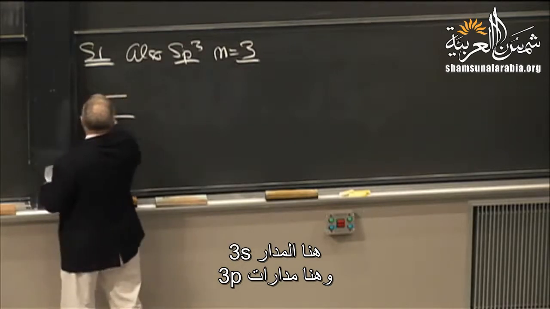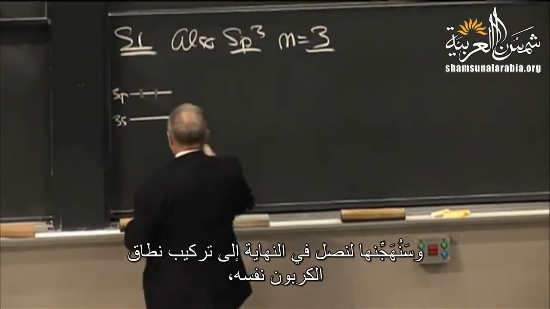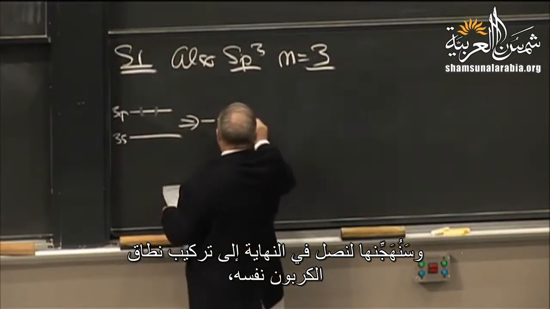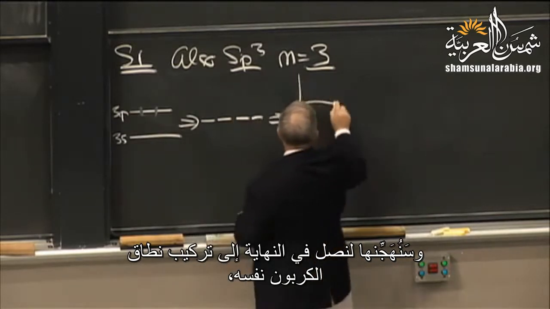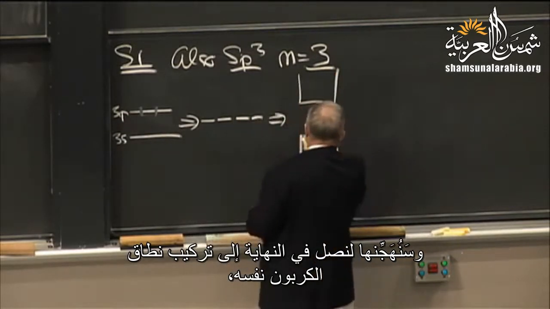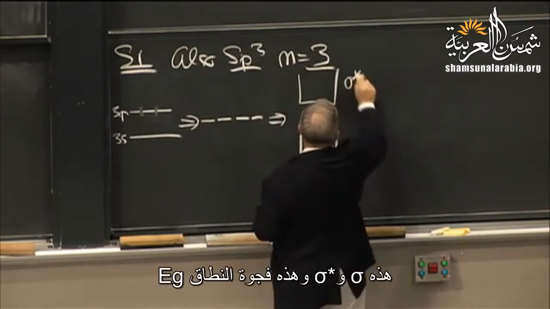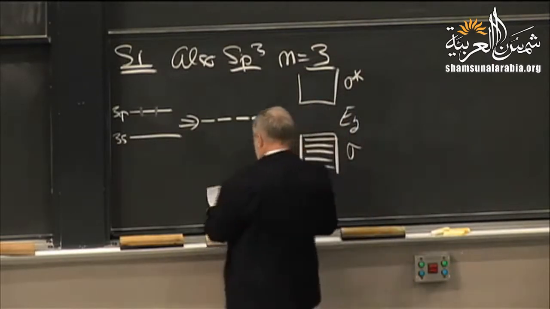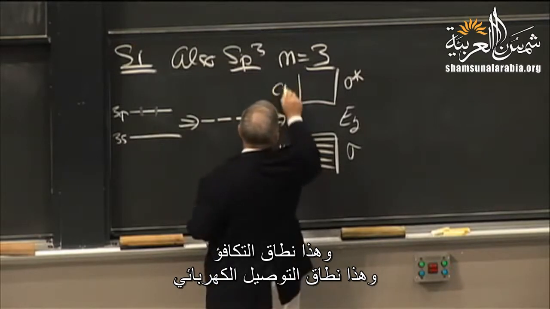Here's the 3s, here's the 3p, and we hybridize, and we end up with a band, same kind of band structure, where this is sigma star, this is E sub g. And again, we'll label it, this is the valence band, conduction band.